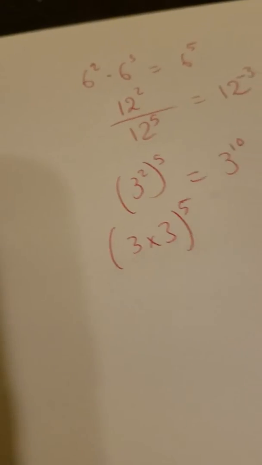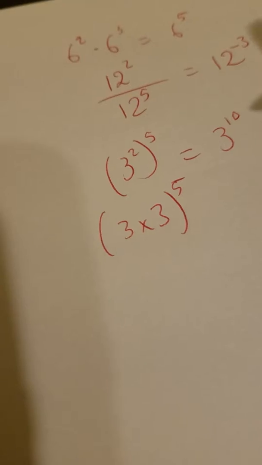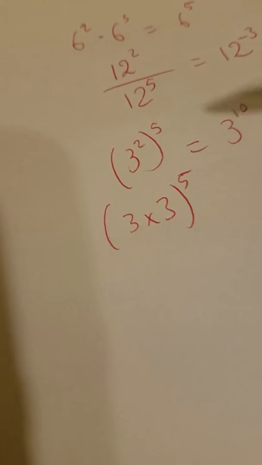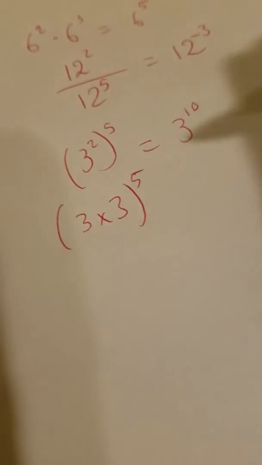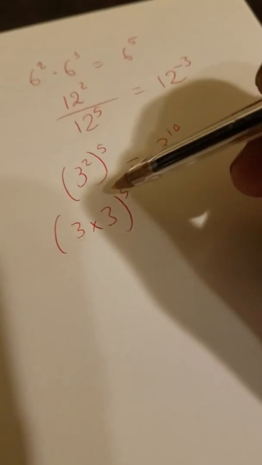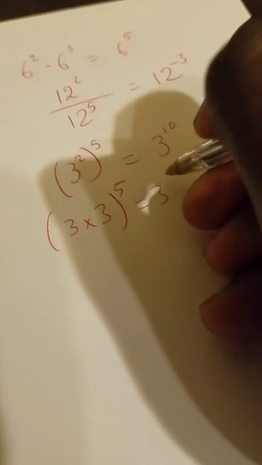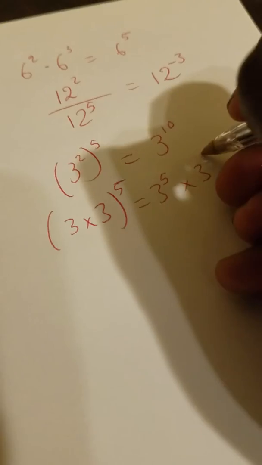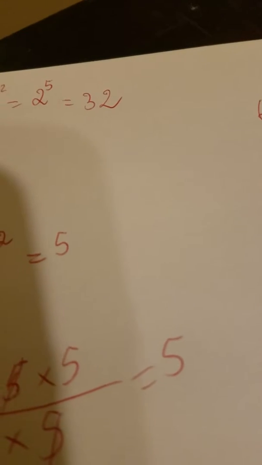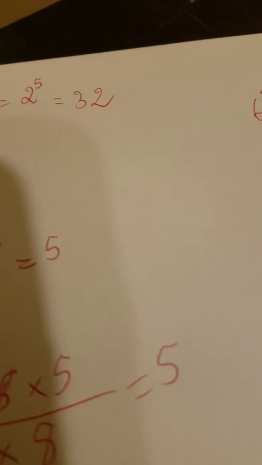Now, to the power of 5, so that means if we use the distributive property in multiplication, it becomes 3 to the power 5 times 3 to the power 5, and then this becomes 3 times 3 times 3 times 3 times 3, 5 times.